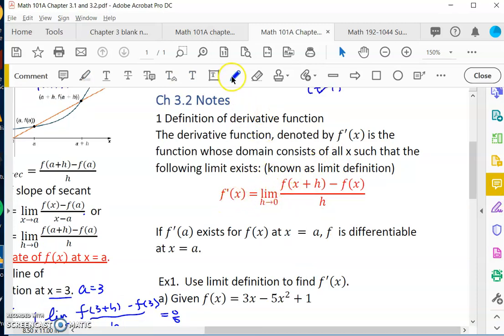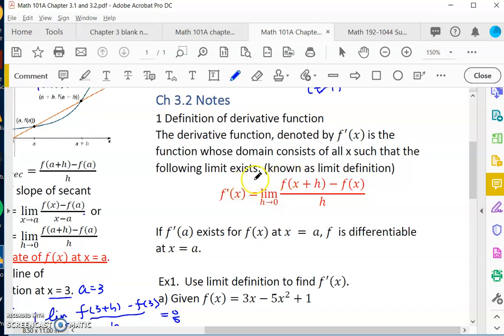Whenever people say, can you find the derivative function? On online homework, sometimes you will see this kind of question. And if they don't say anything, starting from 3.3 there is a shortcut method that we use. We call it derivative rules or differentiation rules. That allows us to skip the calculation of the limit.